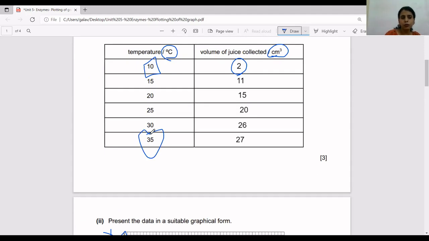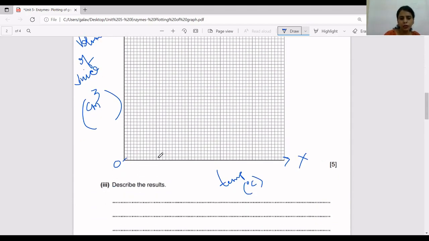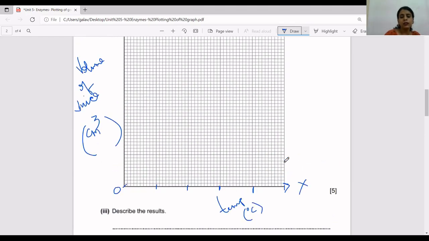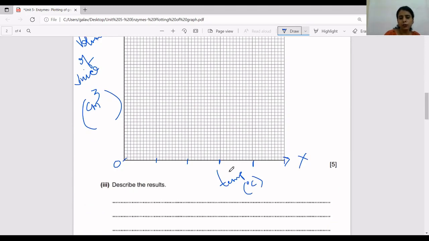That means both these temperatures should be included in the scale. If you take it as 5, 10, 15, 20, 25, the graph ends here. That means the maximum temperature 35 was not included in this particular scale.